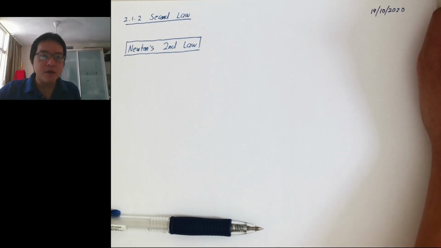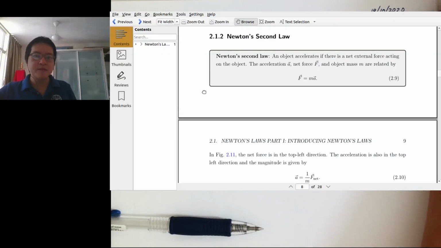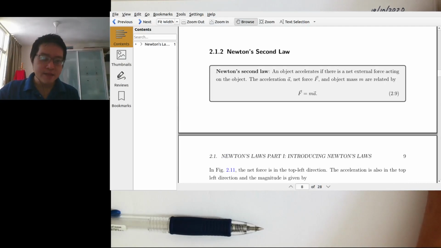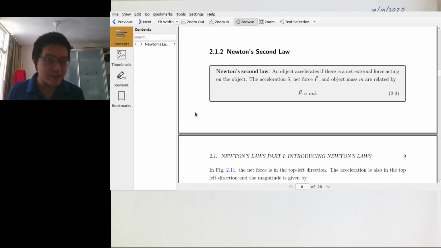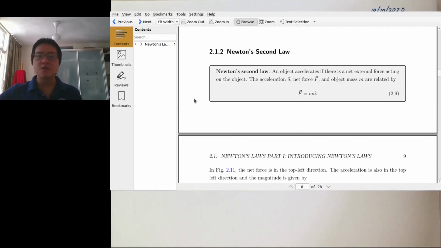Now we will continue on the second law and the third law. The second law is the one that everyone who has learned physics in high school has probably been familiar with at some point, right? F equals ma. It is basically how to calculate the acceleration of an object once we know the net force.